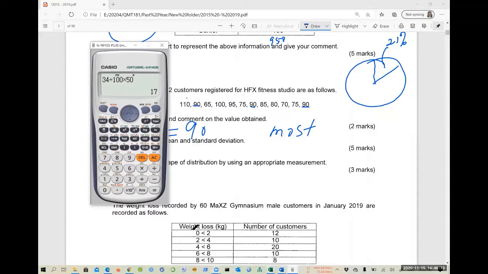Okay, let's say this is my calculator. This is using the calculator 991, the ES calculator, right? So either 570 or 991 ES plus. Okay, if you are using 991 EX ataupun 570 EX, you can check my other video.